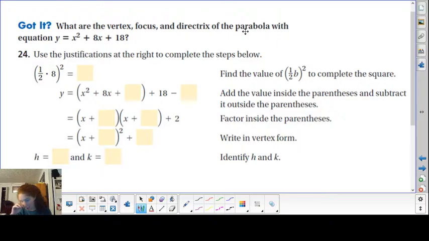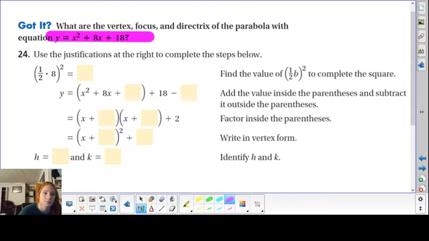So we're going to essentially complete the square here to find my h, k. Using the equation we're given, we are going to get it into vertex form. So I take half of 8, which is 4, and square it, which is 16.